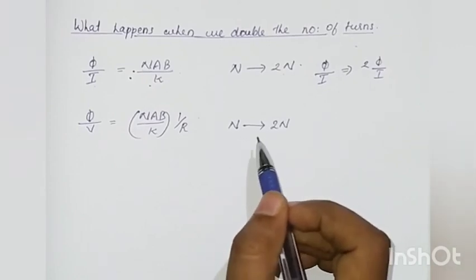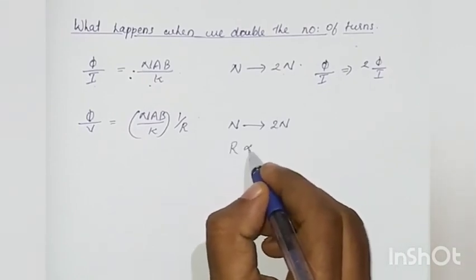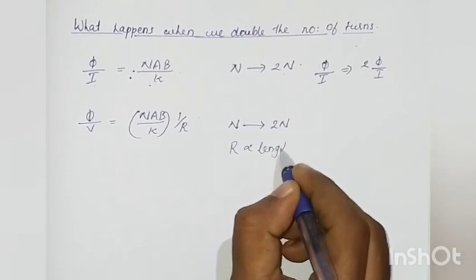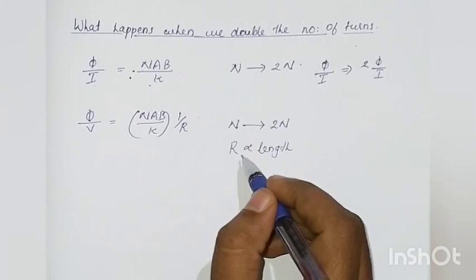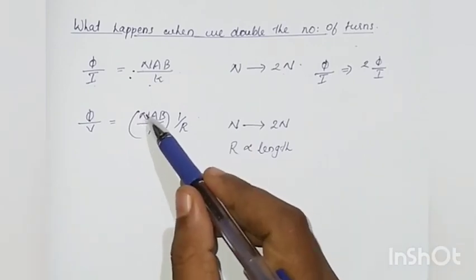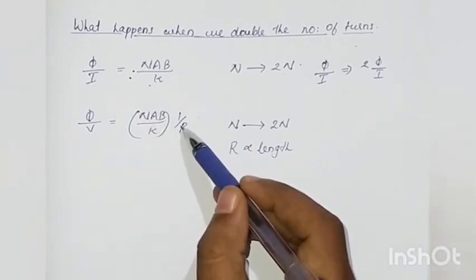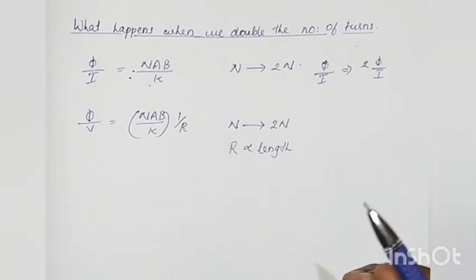And we know that resistance is proportional to the length of the wire. So increasing the length of wire will increase the resistance also.